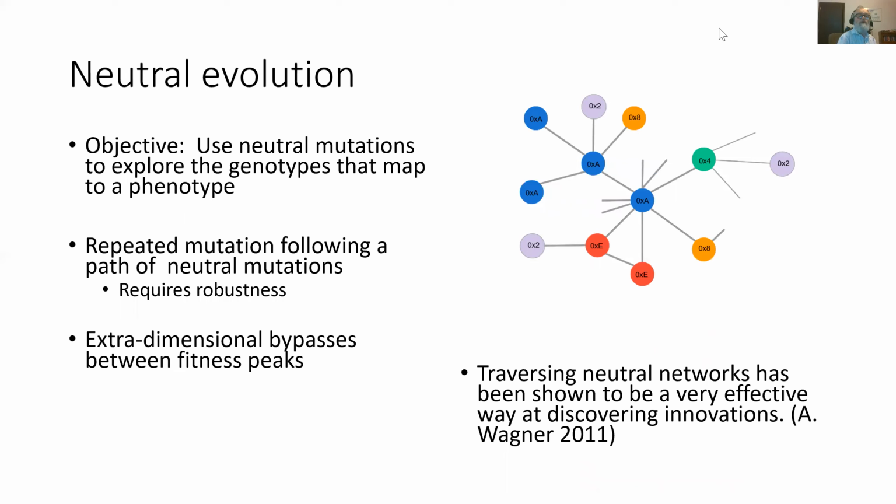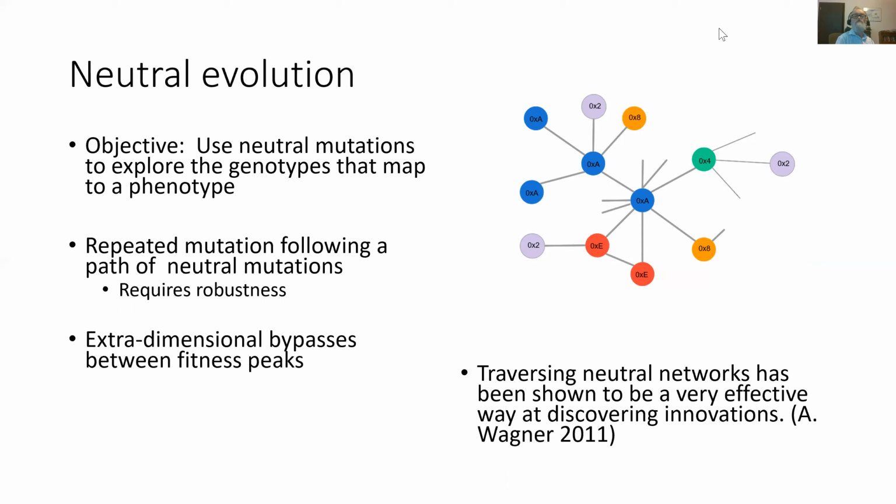So neutral evolution is a way to explore the genotype network or the phenotype network, starting with a genotype that maps to a given phenotype, like the blue node in the middle. We do a mutation. If this mutation is to a different phenotype, we might record it, but we discard it for the purposes of evolution, and do another mutation.